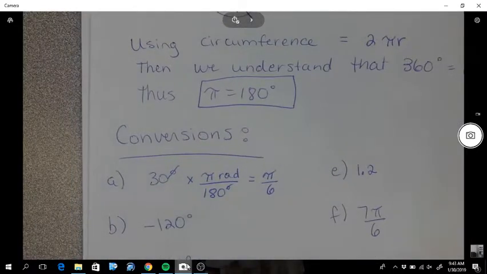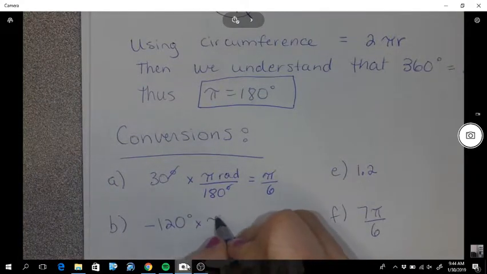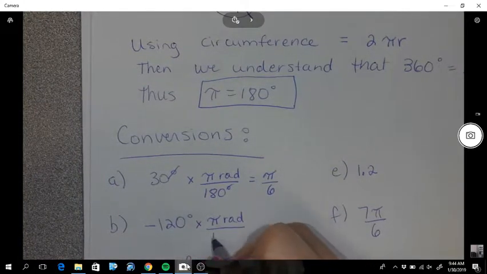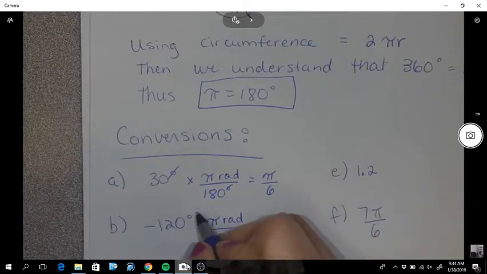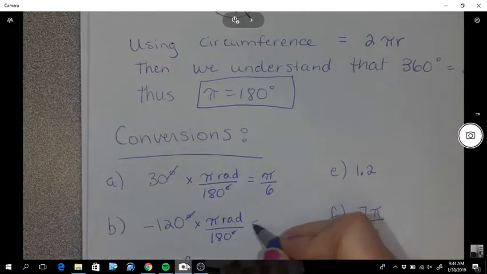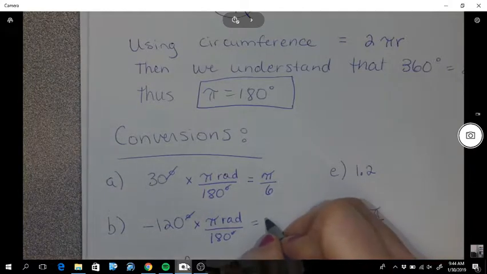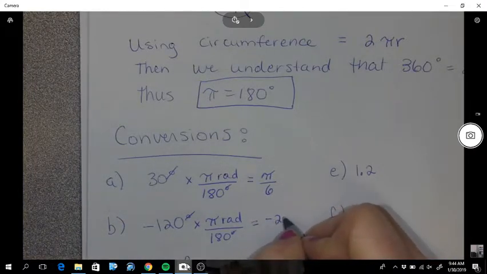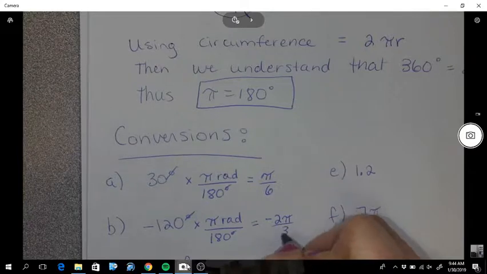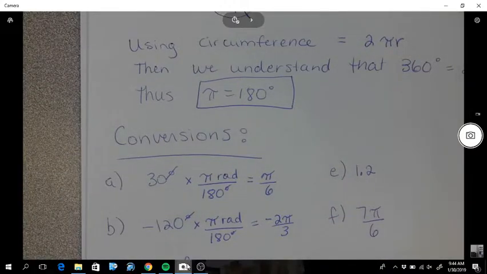Okay, negative 120 degrees. So again, we're going to times by pi and divide by 180 so that we get the degrees to cancel. We end up in radians. So 120 and 180, you could divide each by 60. So that would be negative 2 pi over 3. Okay, 25.